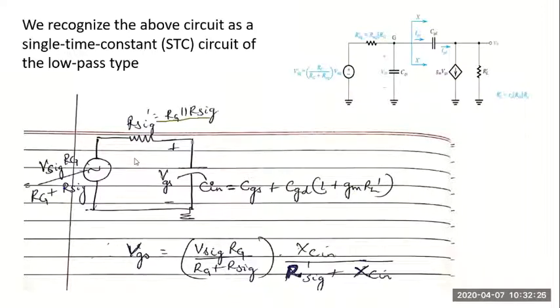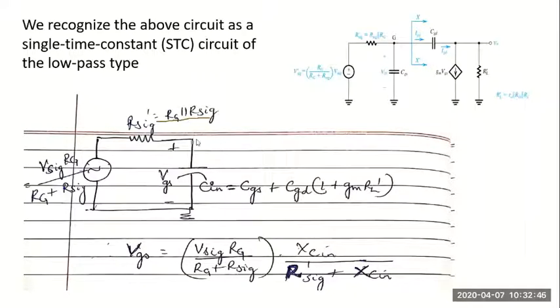So we have now a very simple circuit which is same as our single time constant low pass circuit. You have done low pass filter and high pass filter circuits in the lab. So this is our low pass filter where we have a series resistance and a shunt capacitance. To analyze this circuit, I have to find the transfer function.